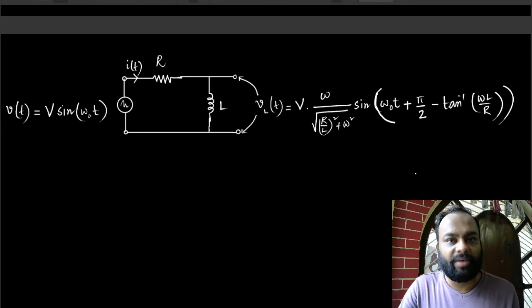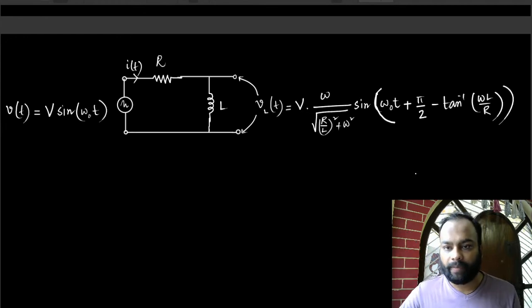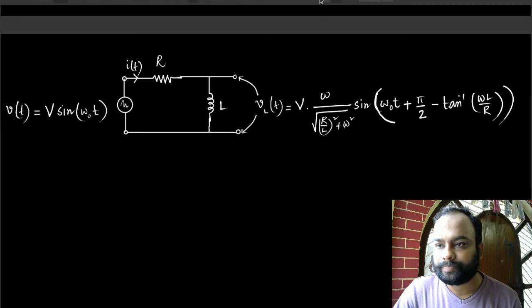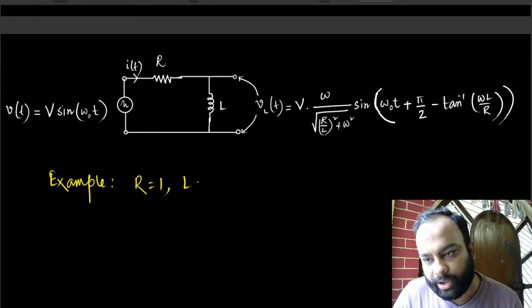And again, just like the previous one, this is going to be a high pass filter. I believe you understand this by now, right? This is indeed going to be a high pass filter. So for example, R equal to 1 and L equal to 1.